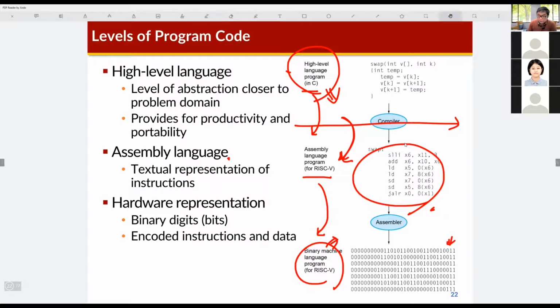So this assembly code is generated from this high-level language code, and then this assembly code is translated into the binary code, and the computer can understand this binary code, executed by hardware. So another layer.